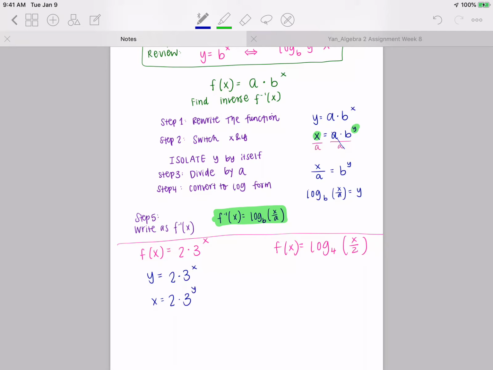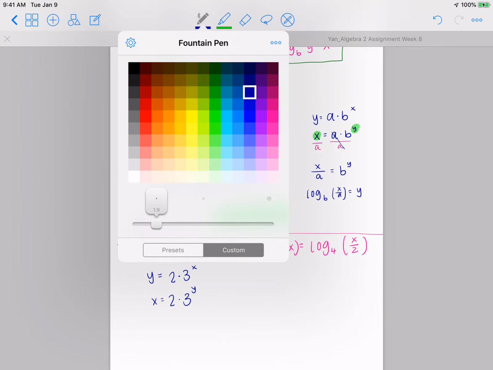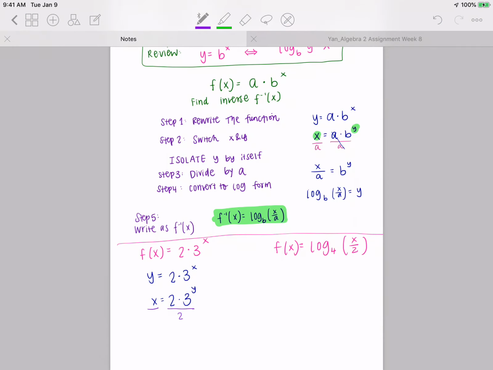So the 2 and the 3 need to go away. And here's the thing. Don't think that we can multiply the 2 and 3 because we have that y in the exponent of the 3 right now. So you have to divide by 2 first. So this goes away. So x over 2 equals 3 to the y power.